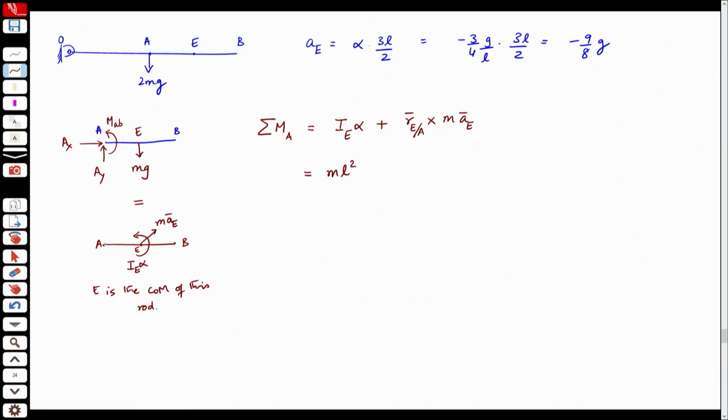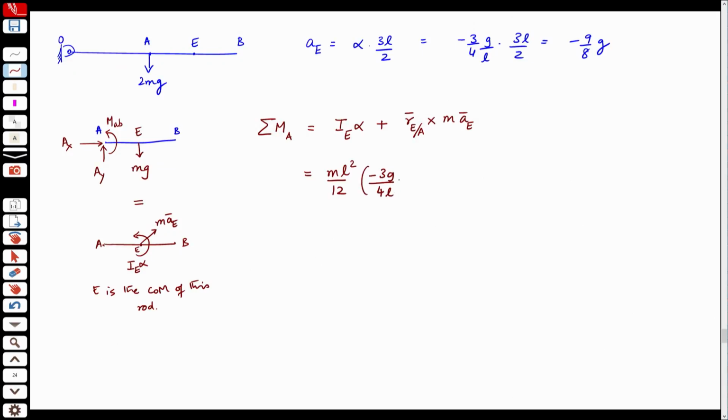So, that is where it is important that you use the kinetic diagram to write this equation rather than just writing it as sigma M_A equal to I_A alpha, that would just be wrong.